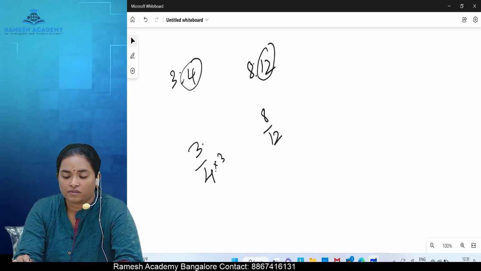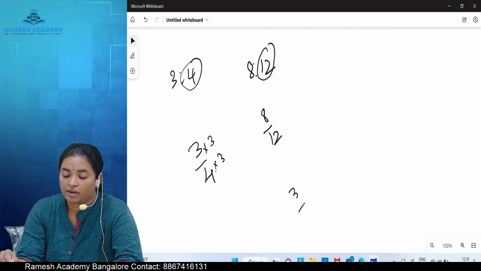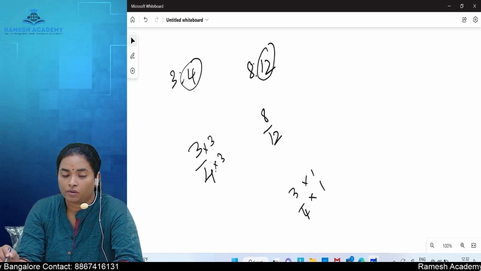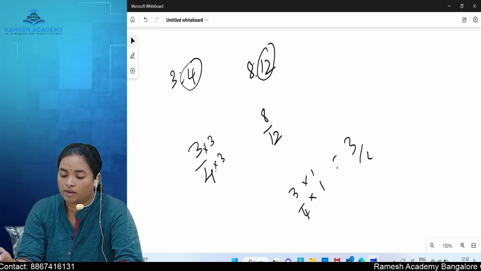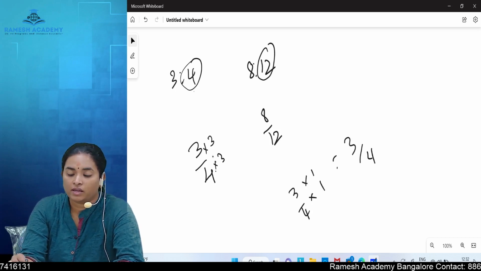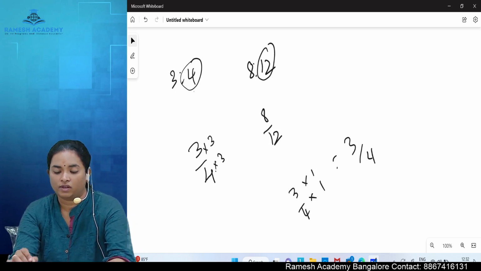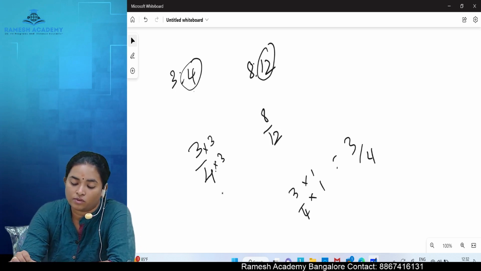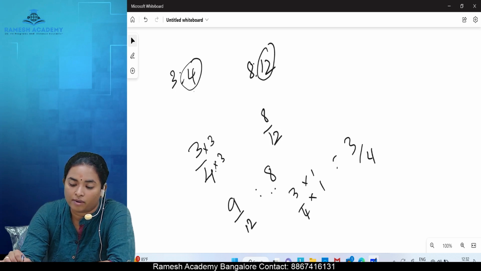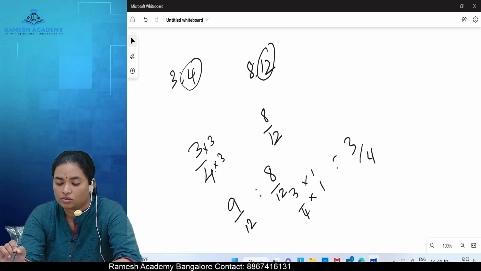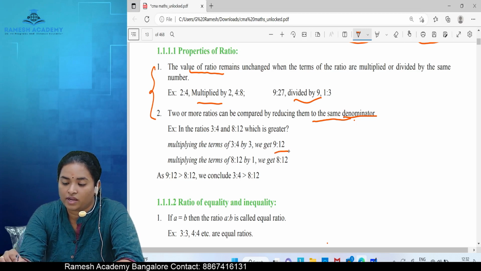If I am multiplying by 3, I should also divide by 3, so that 3/4, even if I change it with some other number, still results in 3/4. Now I am taking 3/4 into 3/3, still it remains the same. So here it becomes 9/12 compared with 8/12.